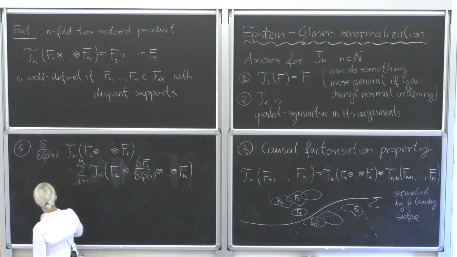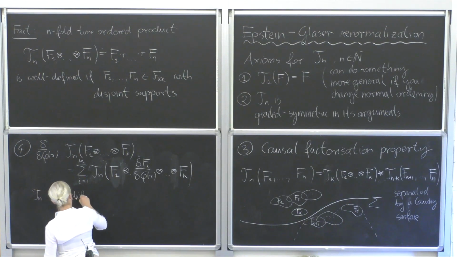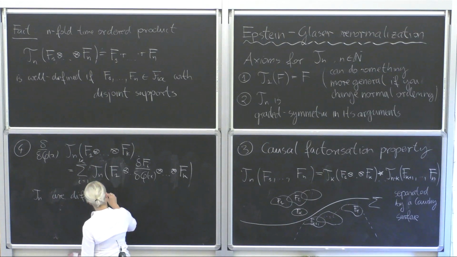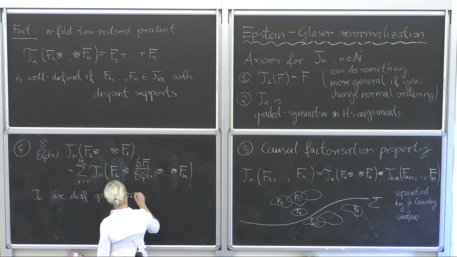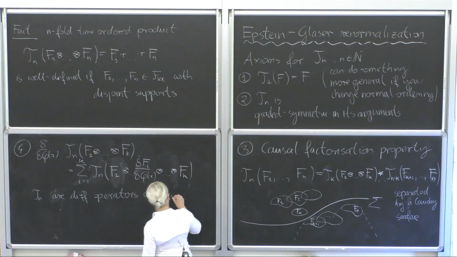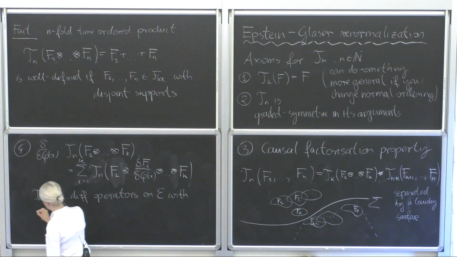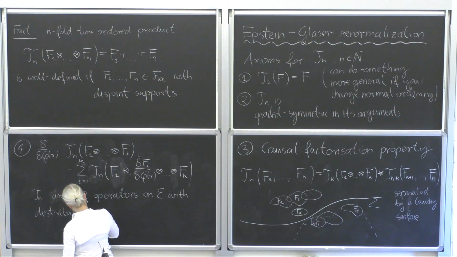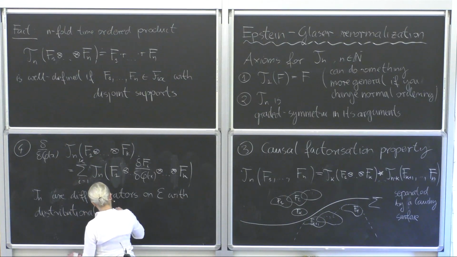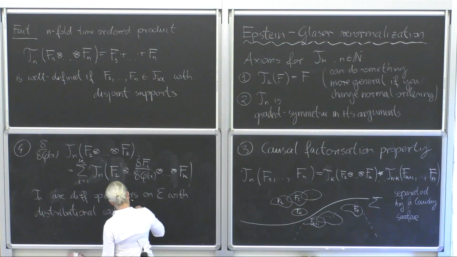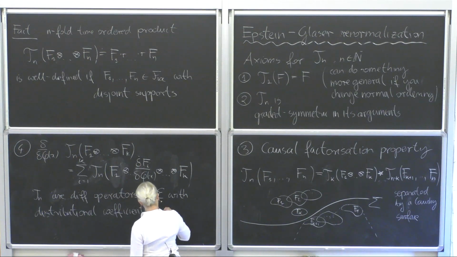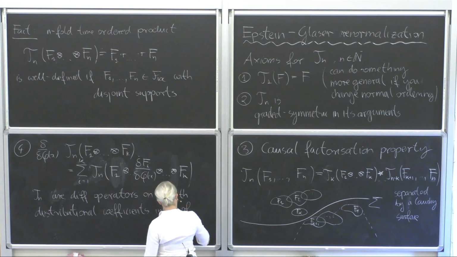So this tells us that T_n's are differential operators on the configuration space with distributional coefficients independent of phi.